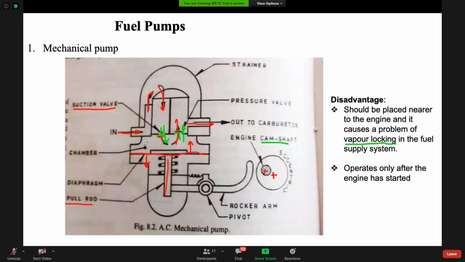I will remove these arrows that I have drawn, then it will be easier for you to see this figure. With naming you have to draw the diagram.